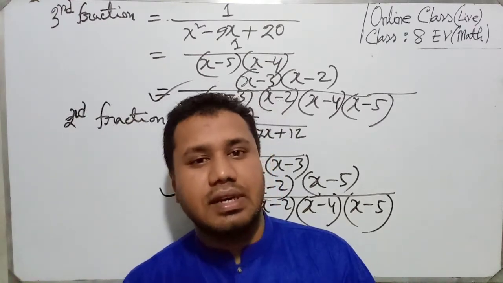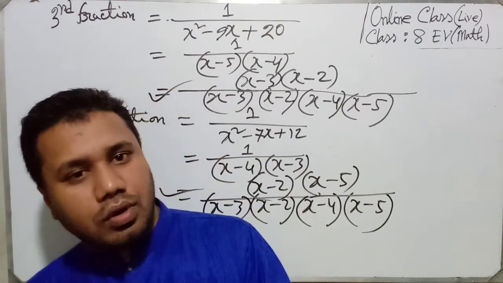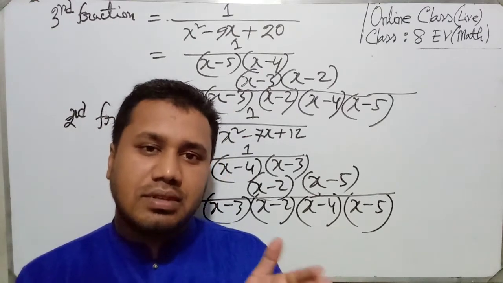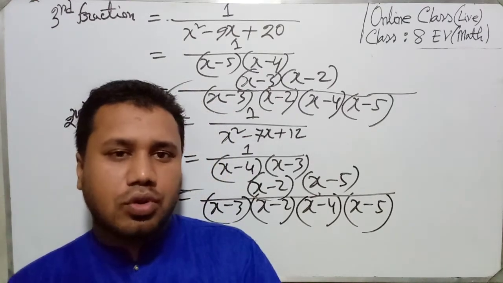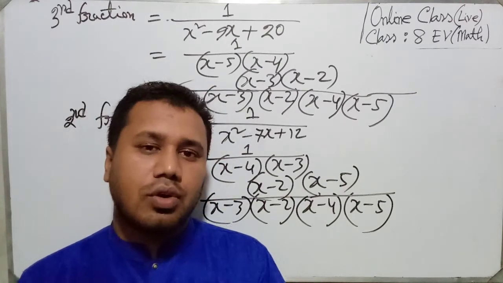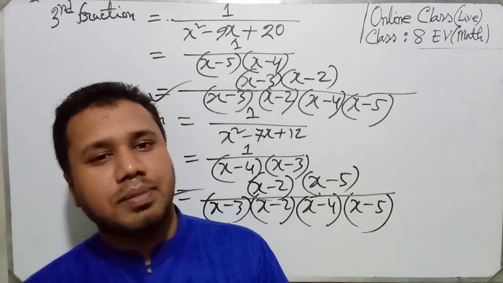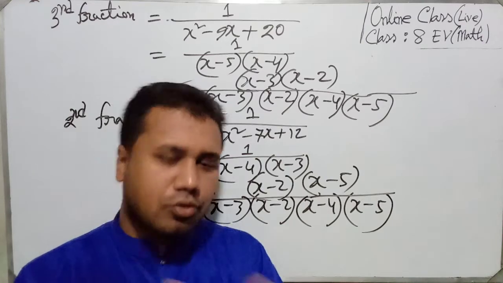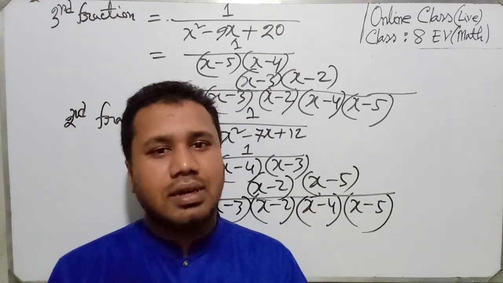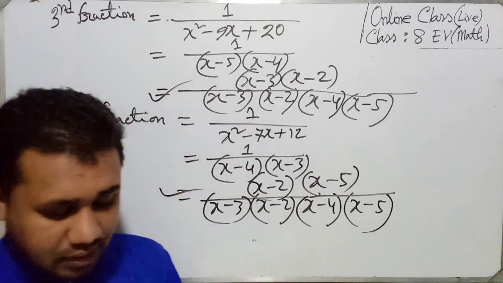This simplify indicates there will be a problem that includes both addition and subtraction, plus and minus both. I think it will be better if we solve problem number 5, simplify. If we solve problem number 5, that means addition and subtraction both will be done. So we can go to problem number 5.